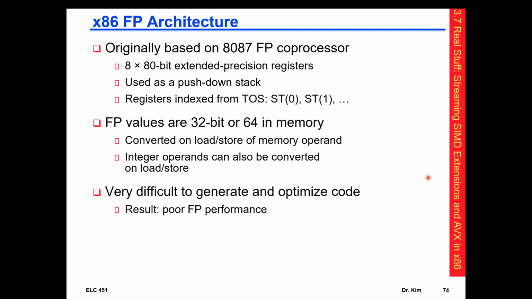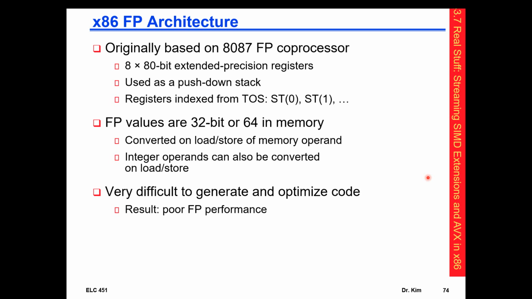Now, as we end the chapter, we'd be remiss if we didn't talk a little bit about the Intel story. Back when the 8086, the first Intel processor that became really popular with the PC, the birth of the PC, there was a floating point coprocessor, which is actually a separate chip that you would put on the motherboard, and that was called the 8087.